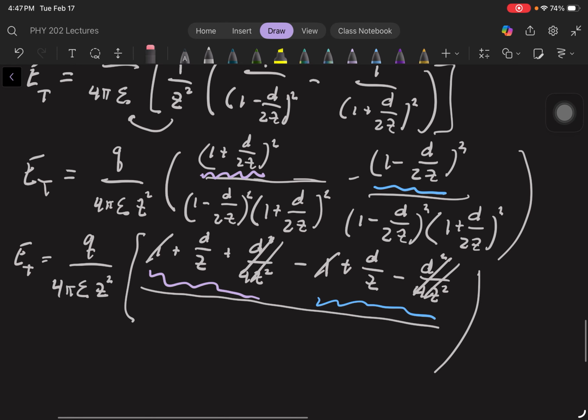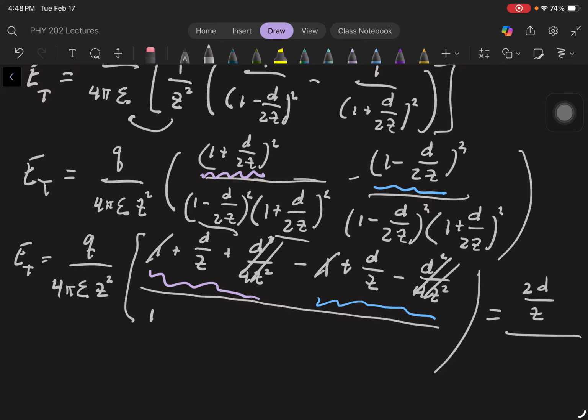Let's stay in here. I was going to do it all and then try to simplify it in here, but let's just write with this simplified too. So 2d over z over whatever we get in the denominator. And so this is going to be insane. So these are the same, right? So we combine, and then we're just going to FOIL one of these. Well, FOIL this, and then see what we get.